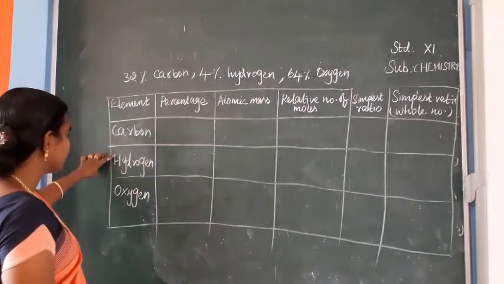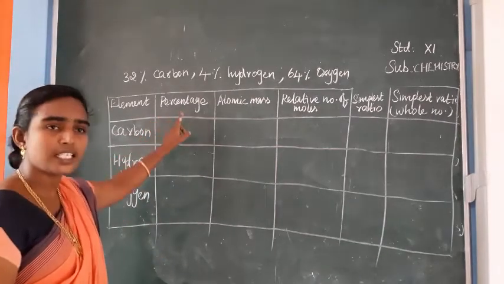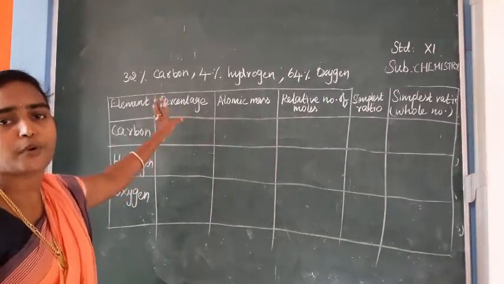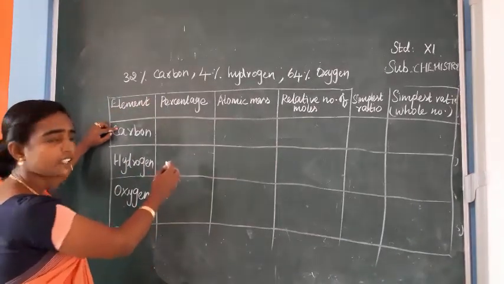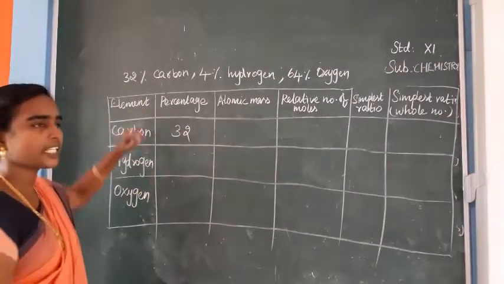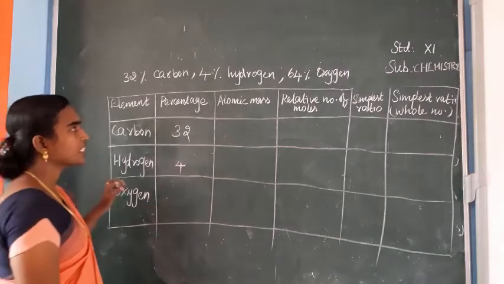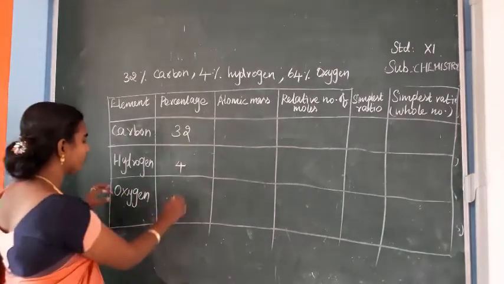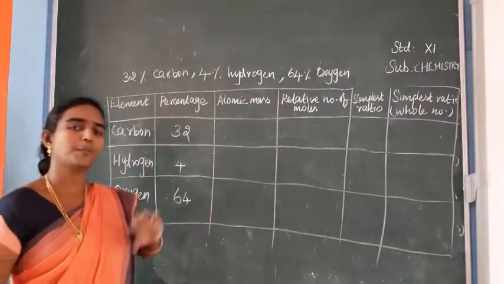We have entered in the first box. In the second box, percentage also you can copy from the problem. Carbon percentage is given as 32. Next, hydrogen percentage is given as 4. Oxygen is given 64.